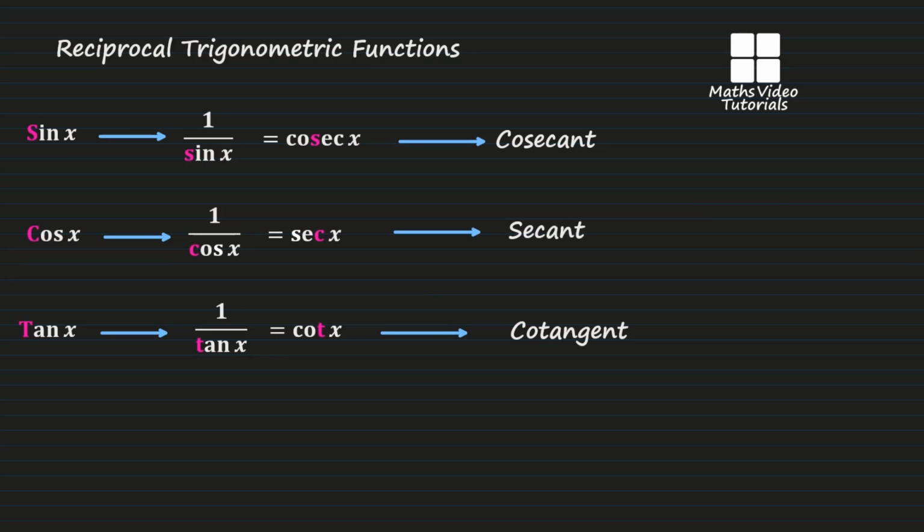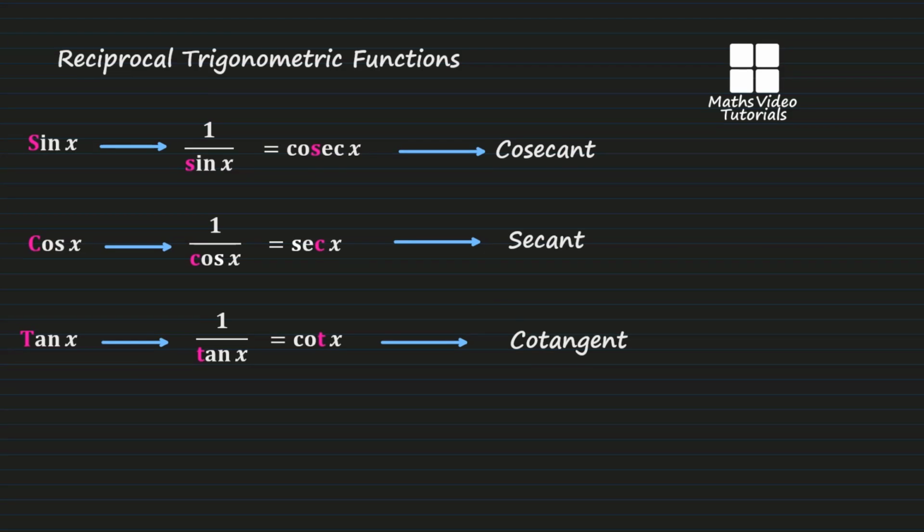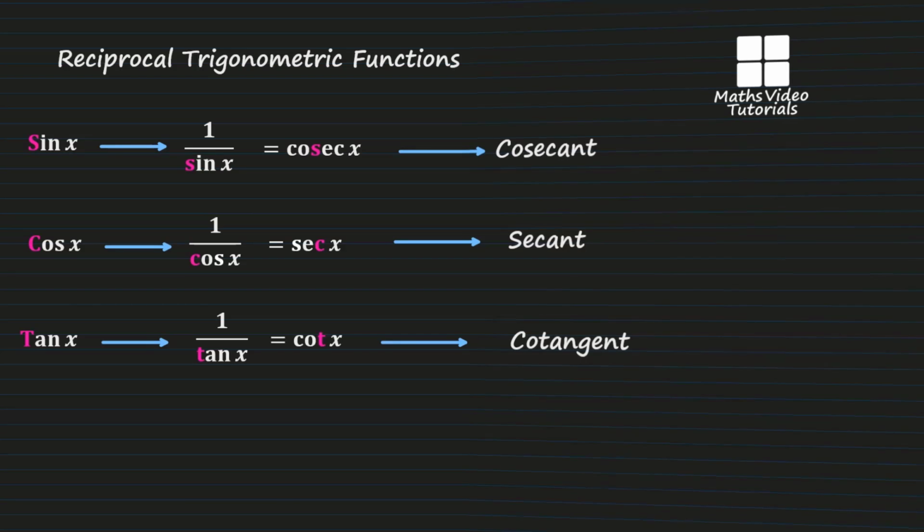The reciprocal trigonometric functions find their usefulness in solving trigonometric equations, differentiation and integration. For now, the aim of this tutorial is to find exact values of some reciprocal trig functions. So let's take a look at some examples.